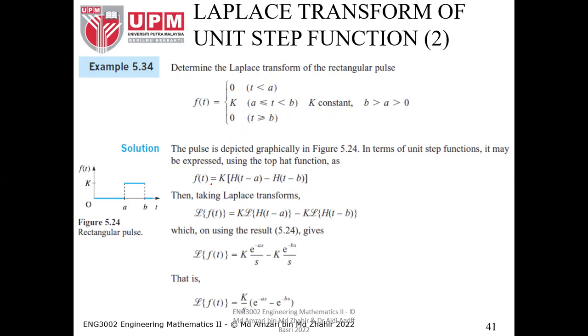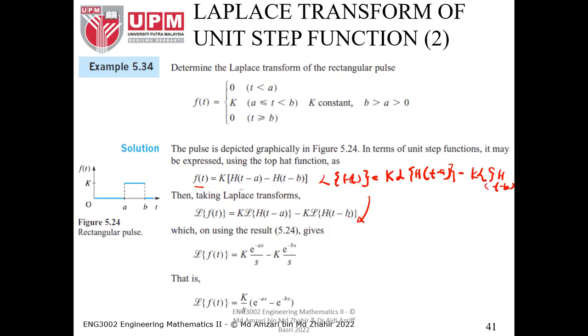Then taking the Laplace transform, you have this function. The first one is 0. The second one is k times h(t minus a) minus h(t minus b). So in order to take the Laplace of f(t), you need to Laplace each of the terms, with the constants: k is the constant of the Laplace of h(t minus a), minus k is the constant of the Laplace of h(t minus b).